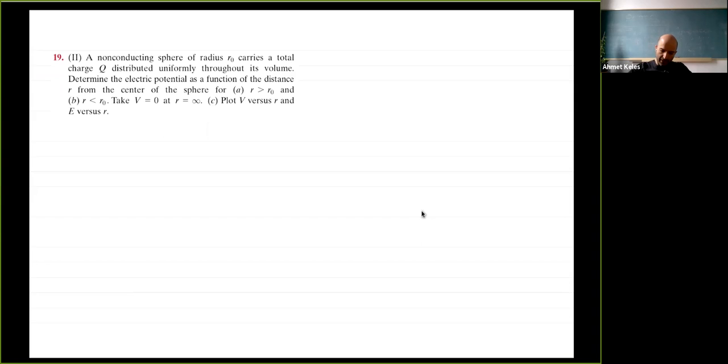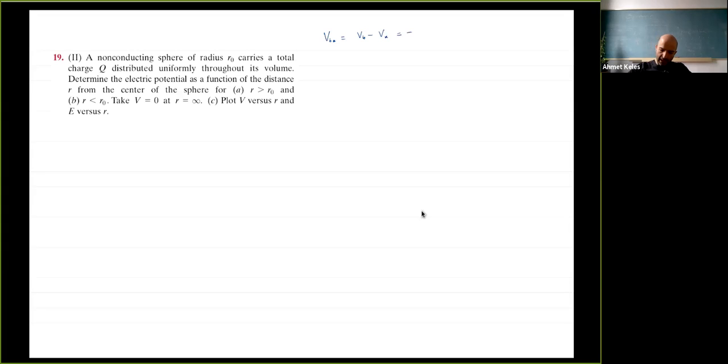Maybe I can write the definition of electric potential. VBA was equal to VB minus VA, and it was equal to what? Exactly, right?